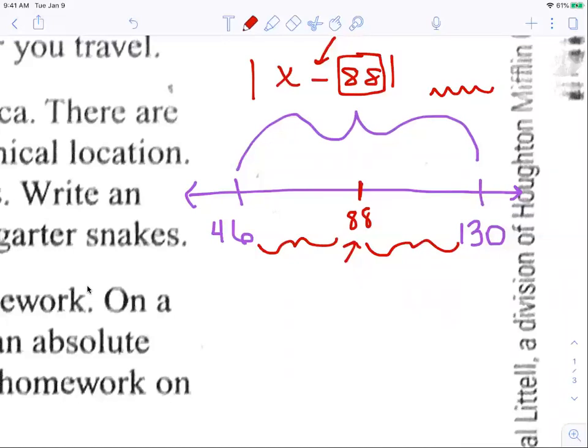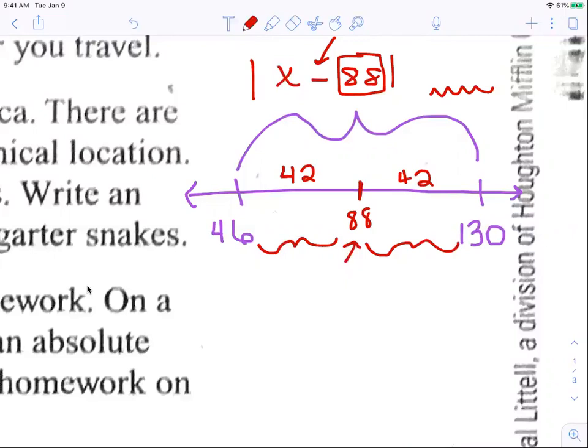What's that distance in between those two values? Anybody know what that distance is? Faith, what is that distance? 42. And is it the same on both sides? Yeah. And it better be, because that's what absolute value means.